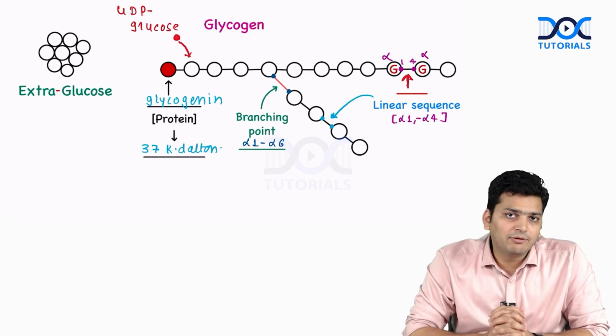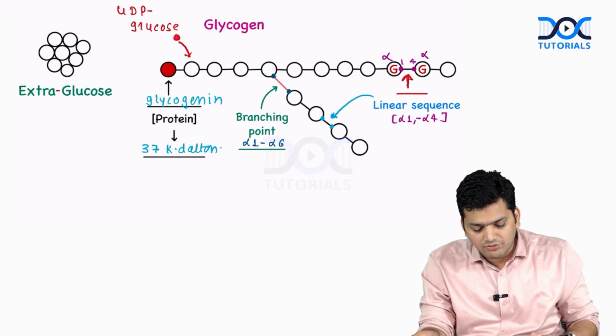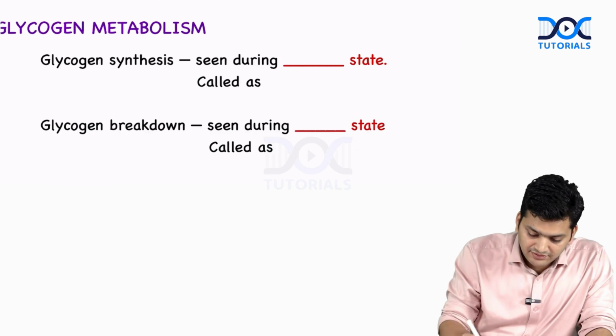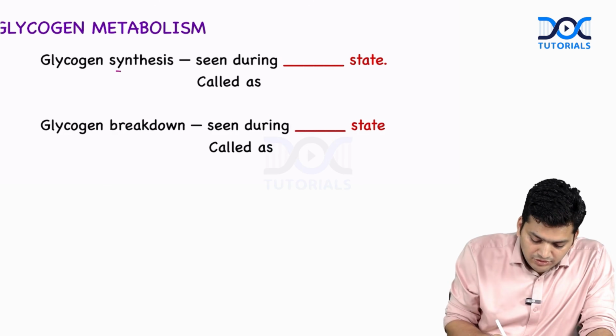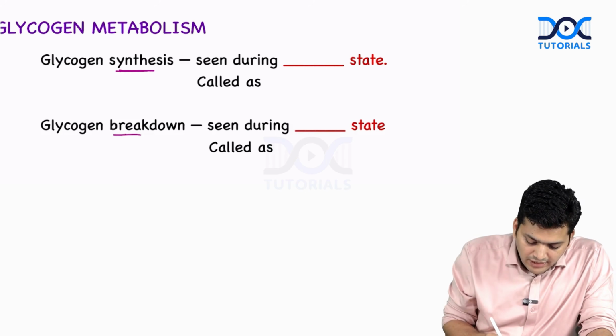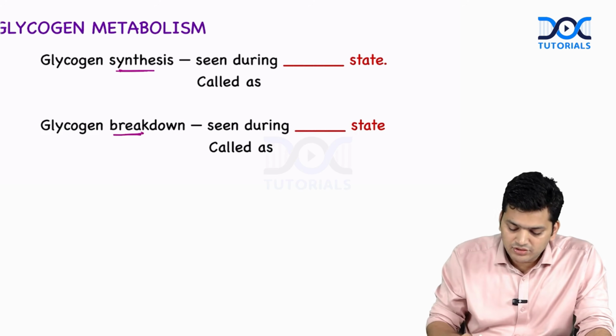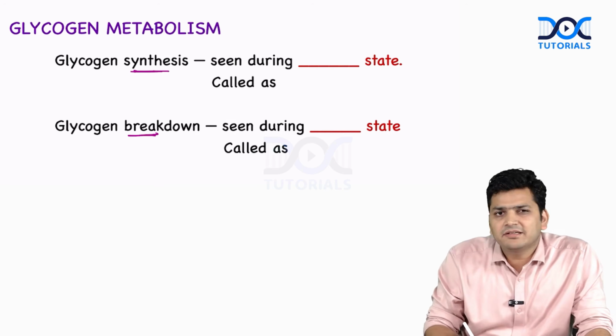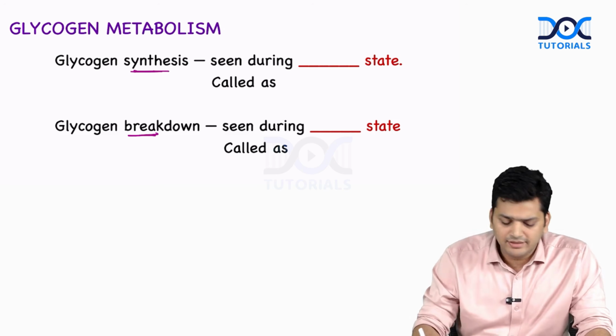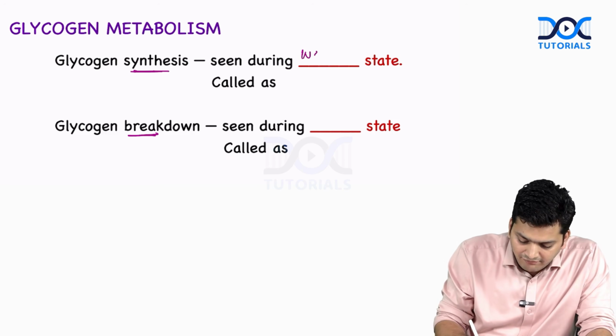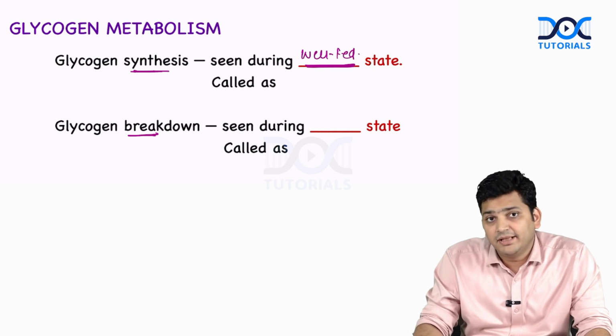So when it comes to glycogen metabolism, we have to discuss two pathways: glycogen synthesis and glycogen breakdown. Does glycogen synthesis occur in the fasting state or the well-fed state? Yes, glycogen synthesis will occur in the well-fed state. When you have extra glucose in the fed state, we will make glycogen.